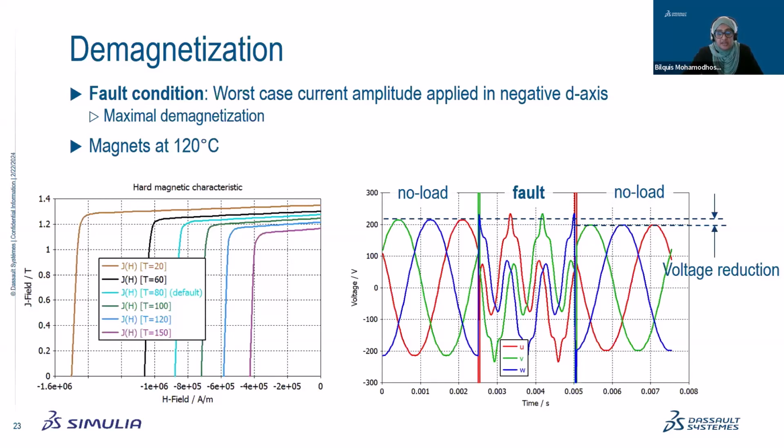You can see here, for example, we have a voltage reduction. That comes from the fault that occurs at a specific point in the machine, and then you can compare with the initial waveform and see the voltage reduction in your windings.